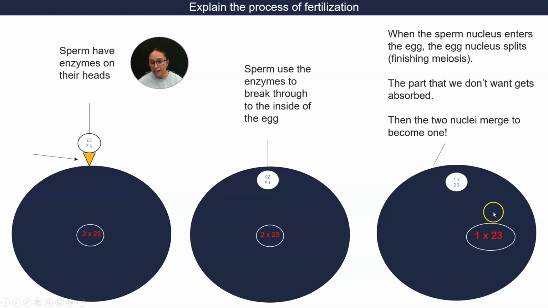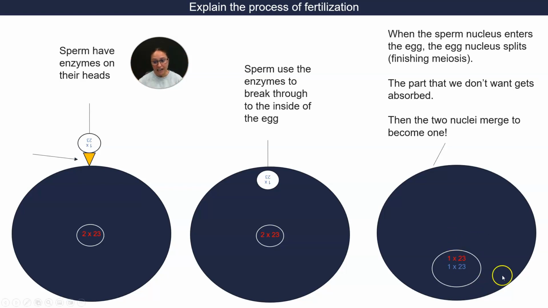So now we've ended up with the sperm nucleus and the egg nucleus, and they combine to create this cell, which has one 23 centimetre strip of DNA and another 23 centimetre strip of DNA.